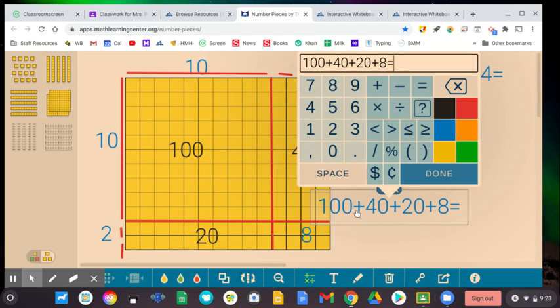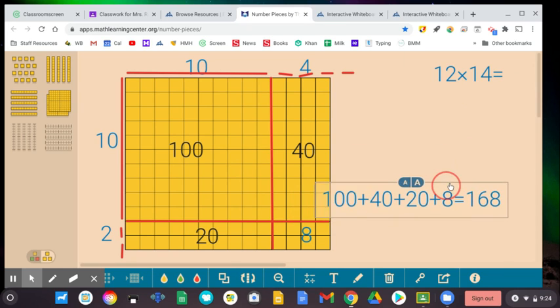So I know some of you look at the different numbers and try to find combinations that are easy to deal with. So 20 plus 40 plus 20 is 60, plus 8 is 68, plus 100, 168.